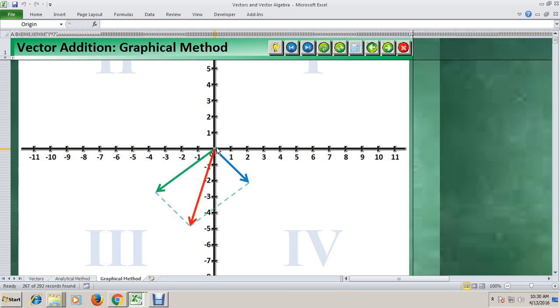So for example, the projection of the green vector was drawn from the tip of the first vector. The projection of the second vector, the blue dashed line, was drawn on the tip of the green vector. Each of these two projections intersect at this point.